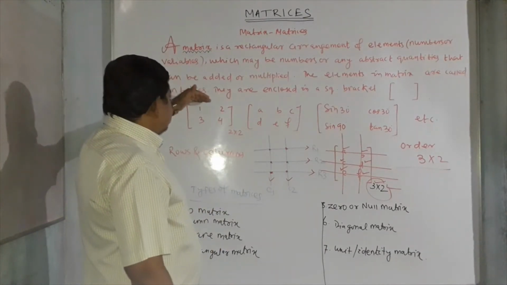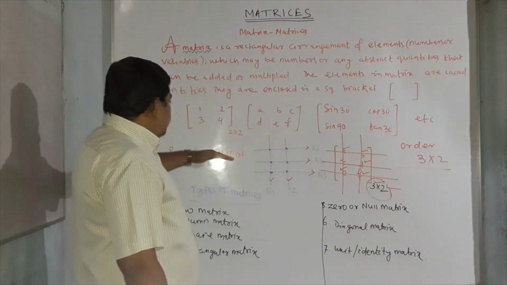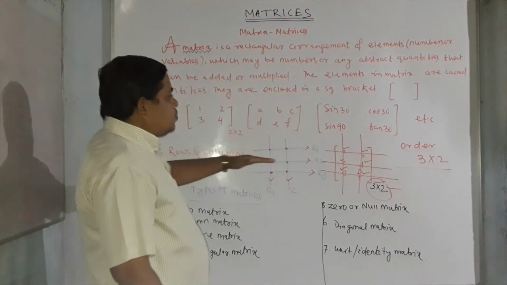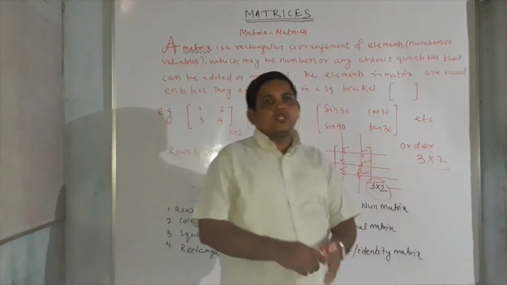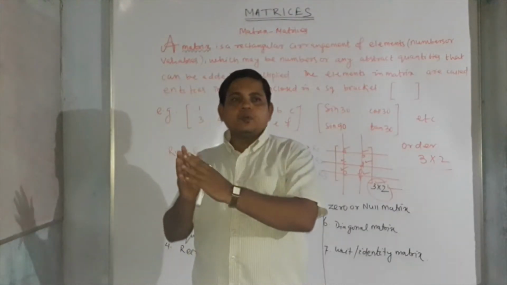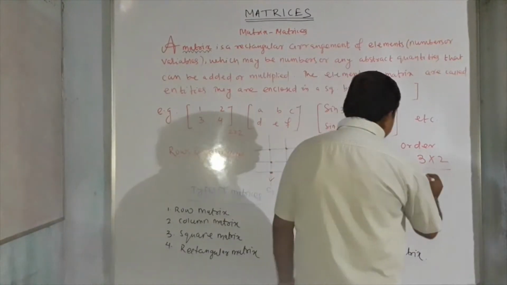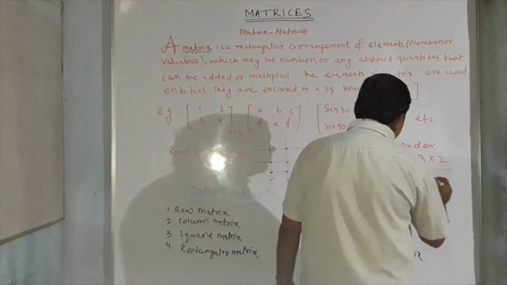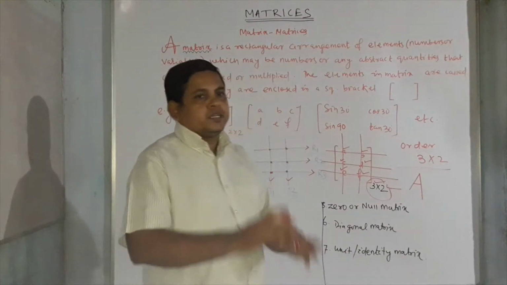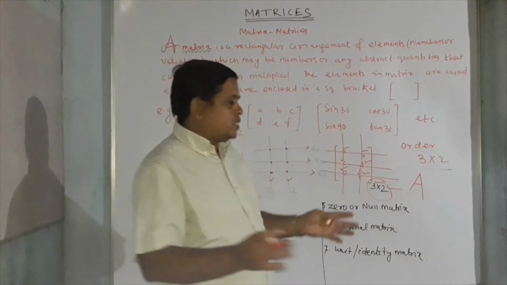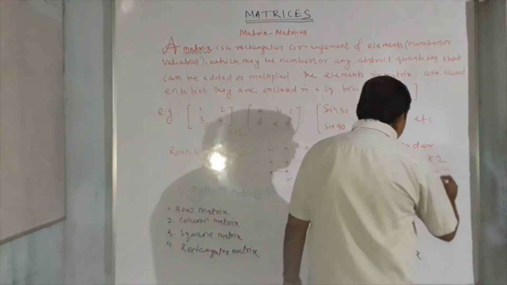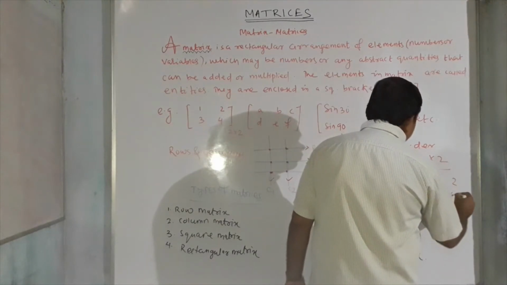Then here I gave examples, then what rows and columns are, then what the order is. Order means the number of rows multiplied by the number of columns. Suppose you have a matrix, and whenever you write a matrix you write a capital letter: capital A, capital B, capital C. Suppose A equals 1, 2, 3, 4.